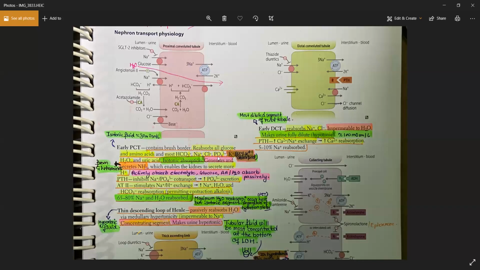And around 65% of the potassium, doesn't matter whatever the concentration of potassium in your body is, whether it is a case of hypokalemia or hyperkalemia, 65% of all the potassium which is filtered in the GFR will be reabsorbed into the PCT via potassium pumps.